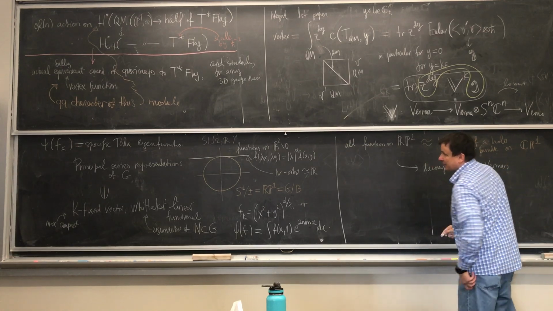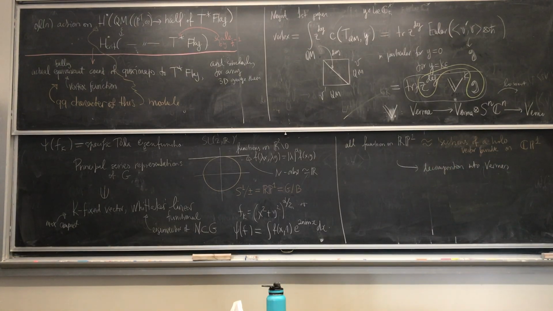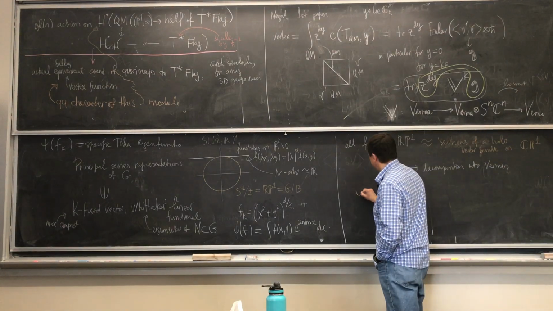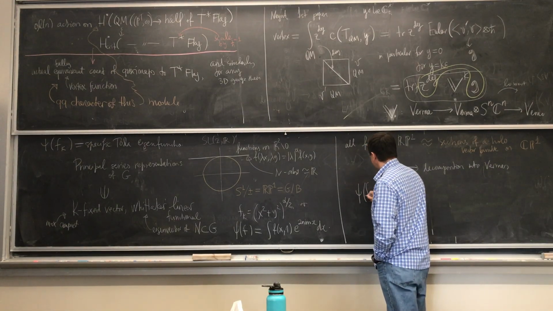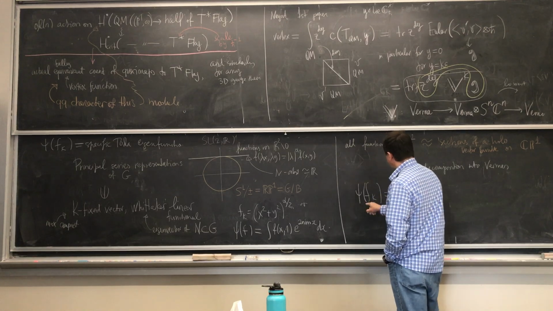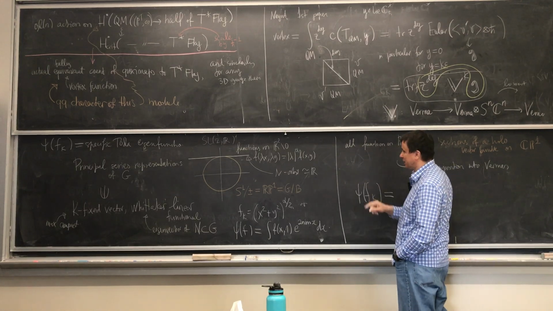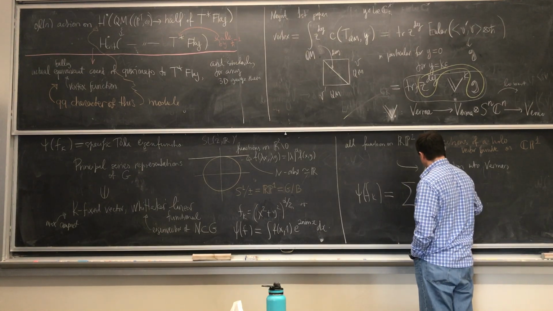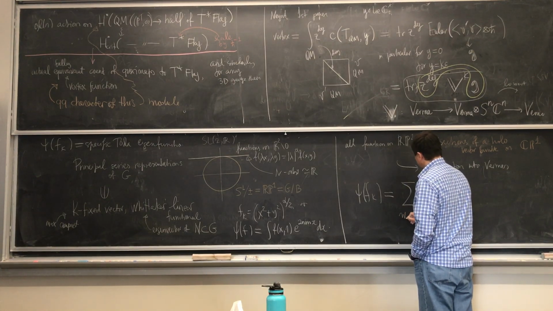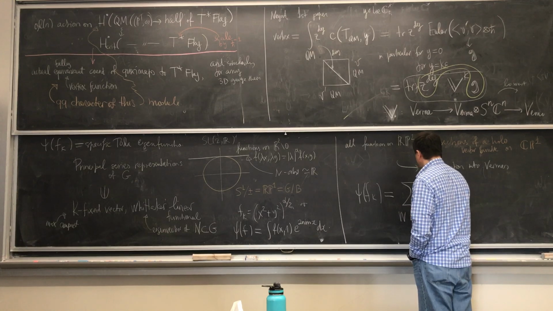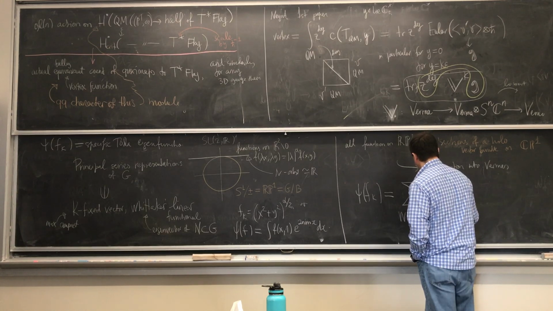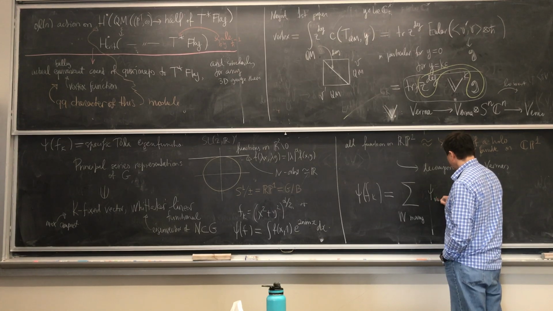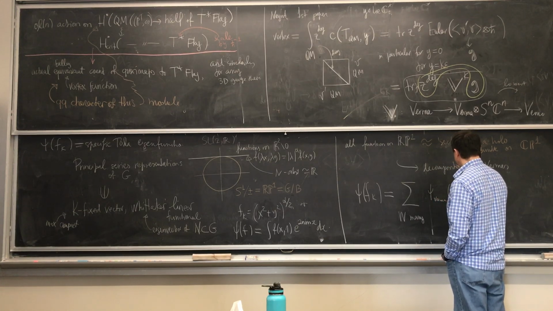It has a specific corollary: if I have this specific tau eigenfunction, I can write it as a sum over the Weyl group of Verma over Verma terms.